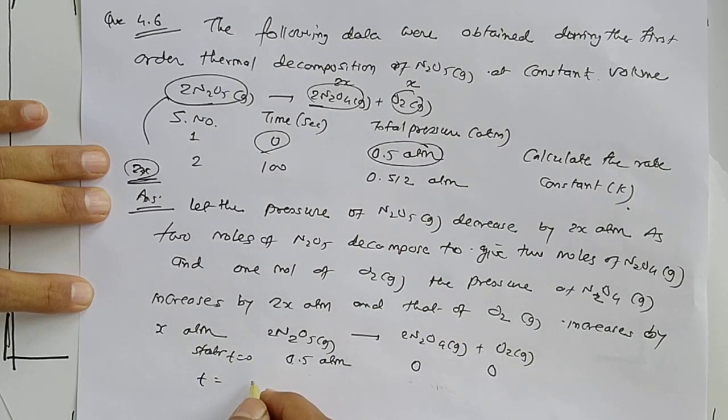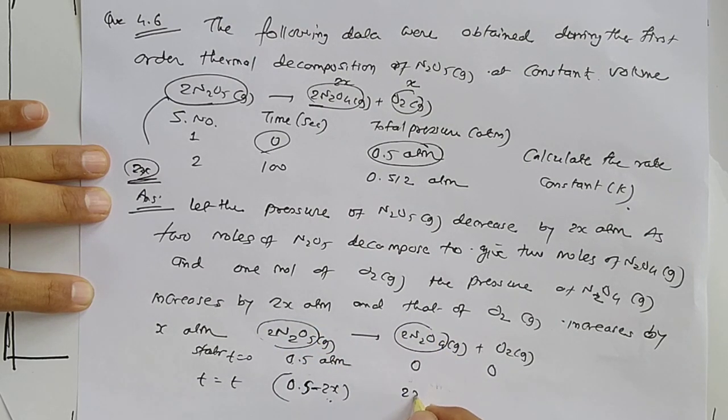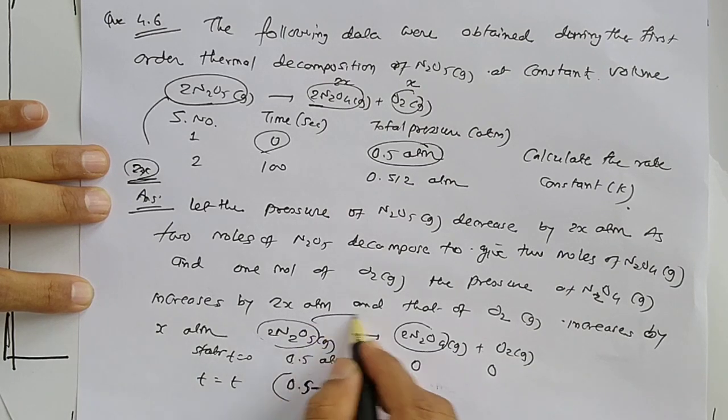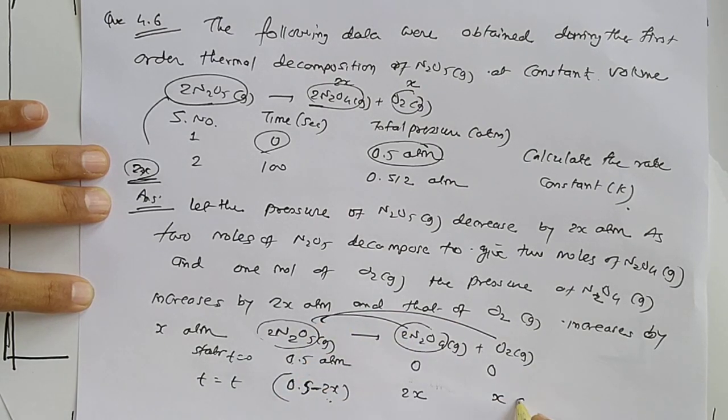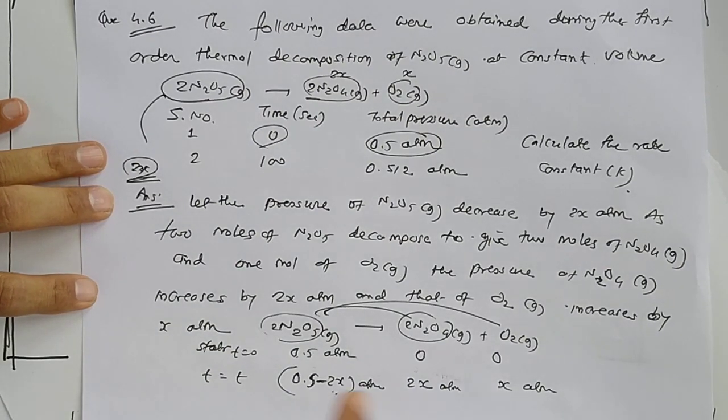At t time, 0.5 minus 2x, decreasing is 2x suppose. So 2 moles to 2 moles, whatever decreases here, the same increases here. 2 moles to 1 mole, so half, x. Everything in atmosphere, change in pressure in atmosphere is taken here. Understood?